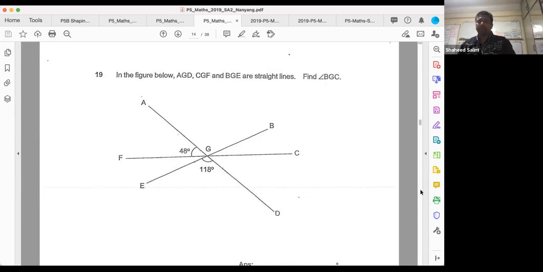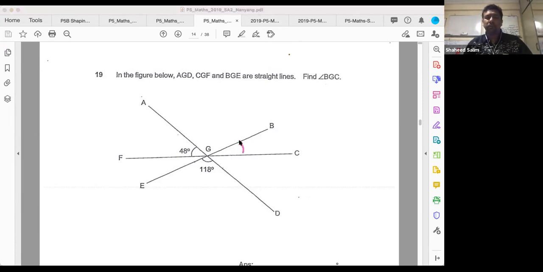Farish, what's your answer? Let's see whether you're right. BGC, yeah? You're waiting for the rest. Carissa says, I think it's too big. BGC is here, no? This angle here. You must know which angle they're talking about.